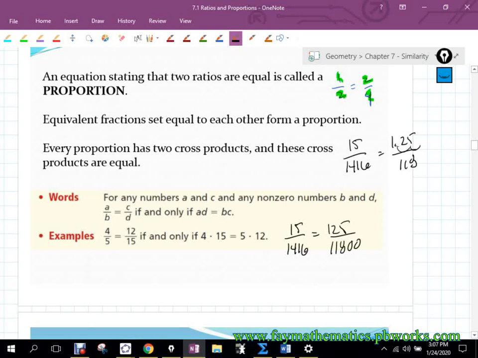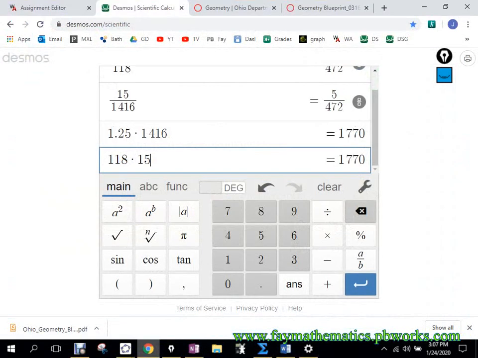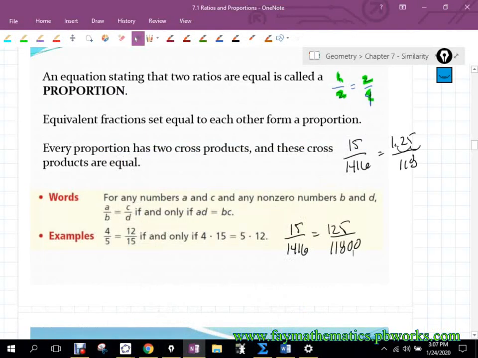Okay, and now those are better because I don't have a decimal in the numerator, but they're really not the same format because they're both unreduced. Does that make sense? So if I go through and reduce both of those, I think we got down to like 5 over 472 or something. Yeah, we could reduce both those to 5 over 472, and you're going to see then that they're equal, right? And that takes some time and effort. That takes some algorithms that I have to understand on how to take that decimal of 1.25 over 118 and change that to a fraction without a decimal.